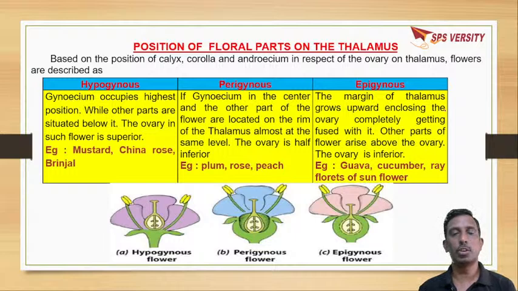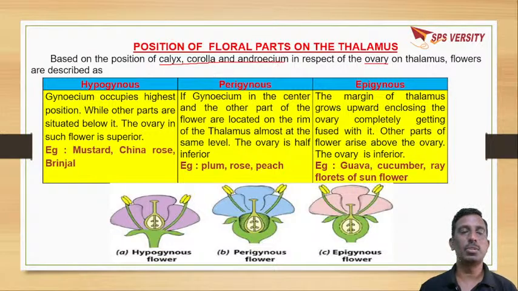Based on the arrangement of the calyx, corolla, and androecium with respect to the ovary, taking the ovary as reference, there are 3 types of arrangements.